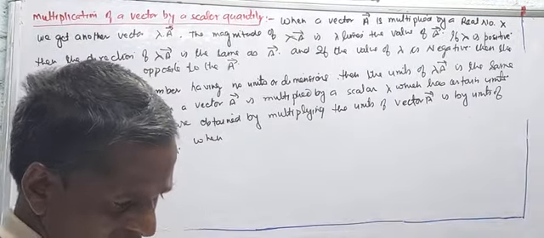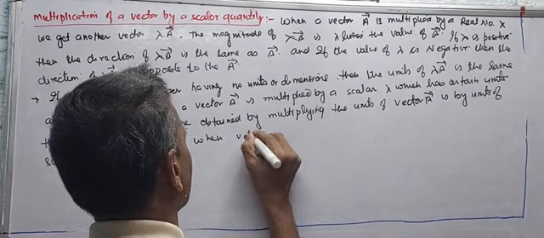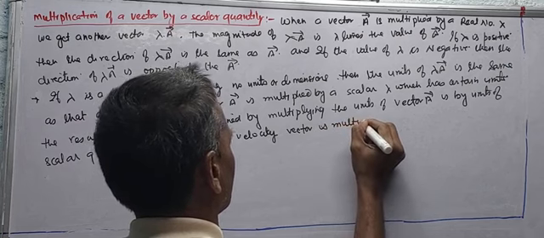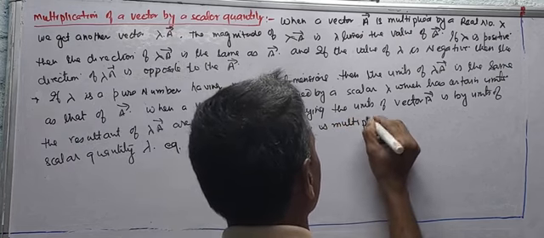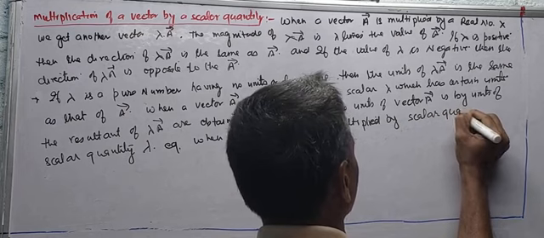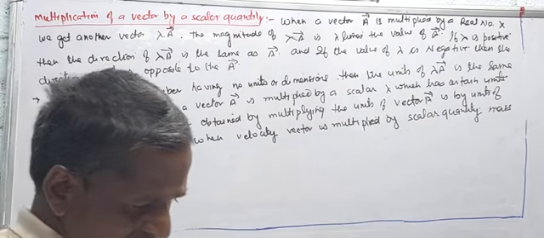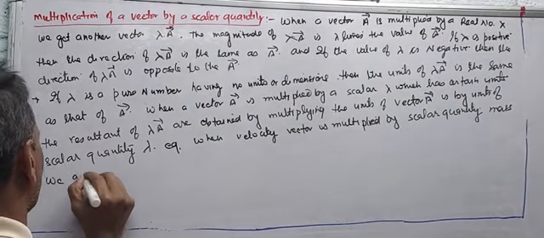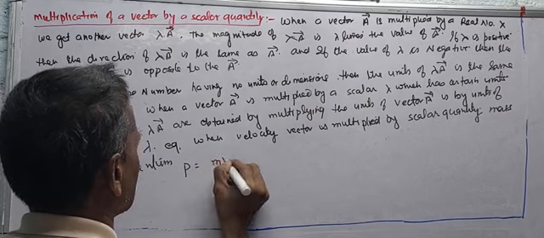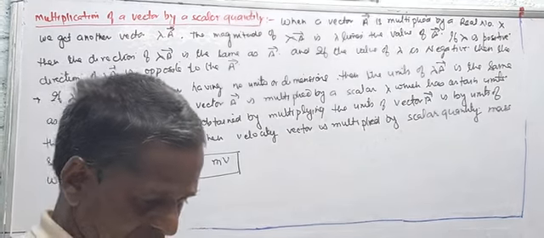when velocity vector is multiplied by scalar quantity mass, we get momentum. Equational form P equal to m dot v.